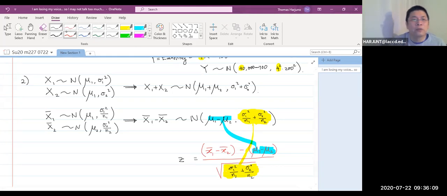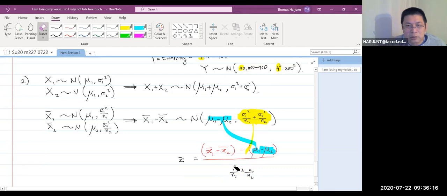Okay, but what happens if we don't have that sigma 1 squared and sigma 2 squared? If I replace this by S, then this becomes T.